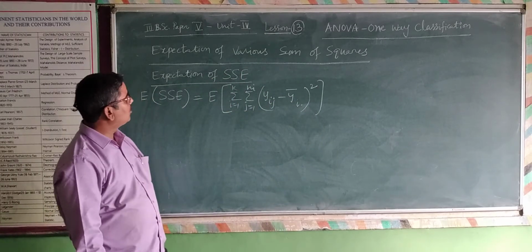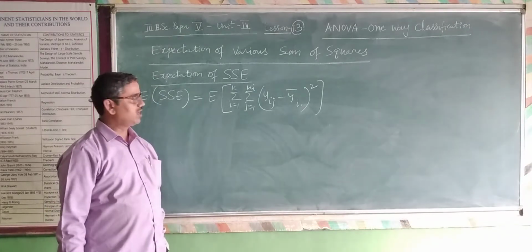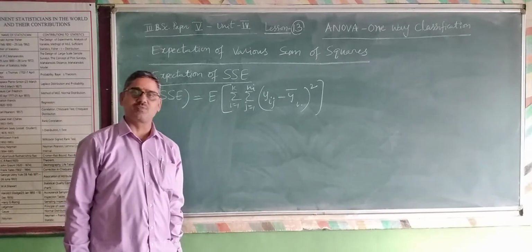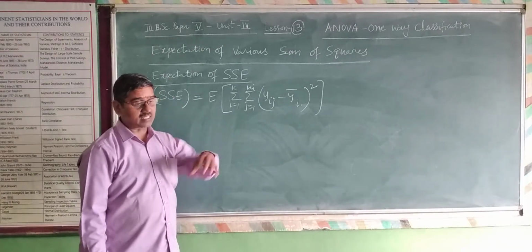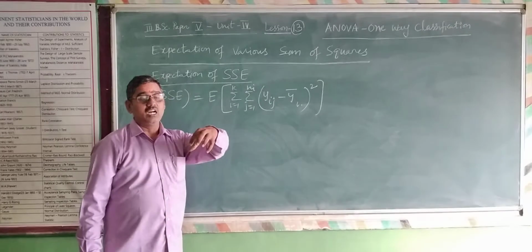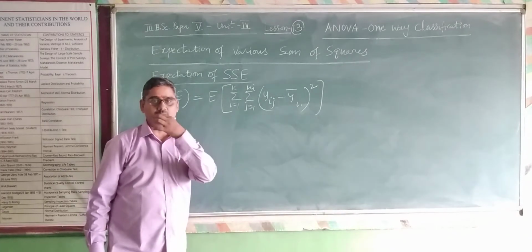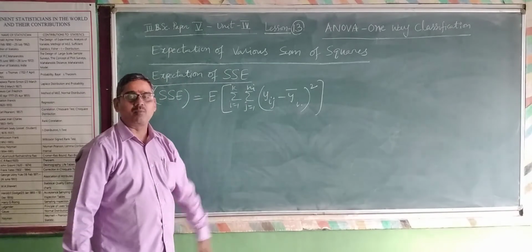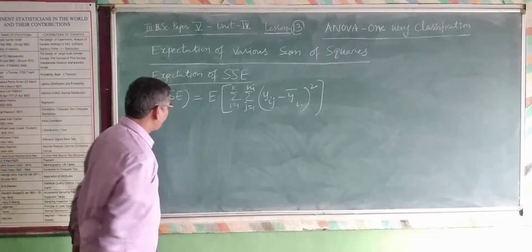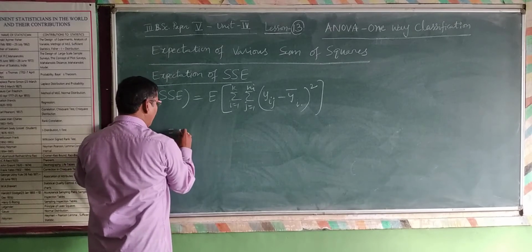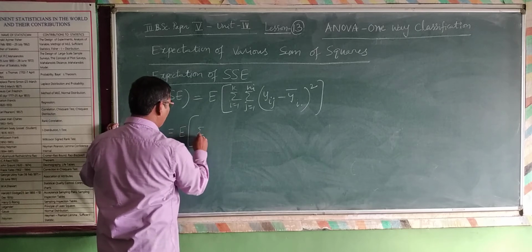This double summation of yij minus y bar i dot whole square is the formula of sum of squares due to the error, the within sum of squares, the variation within the class. It is nothing but the sum of squares due to the error. It indicates SSE, right?